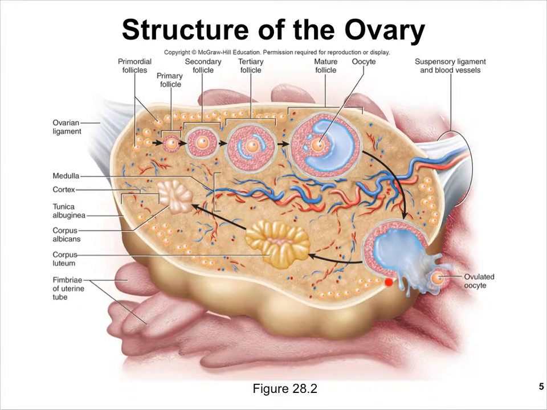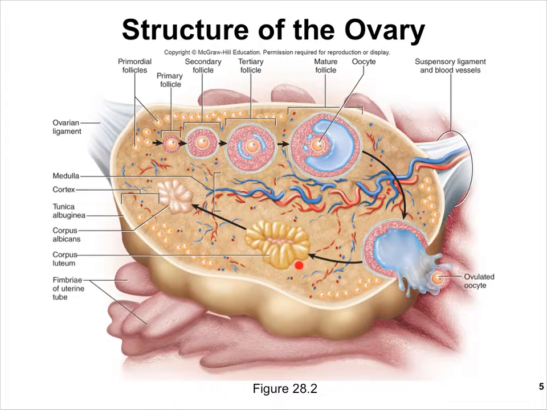But all of these support cells of the follicle remain in the ovary and begin to take on a different role. They shrivel up and begin secreting a hormone, basically progesterone and estrogen, and they develop into what's called the corpus luteum.